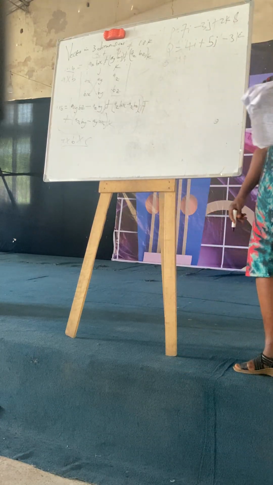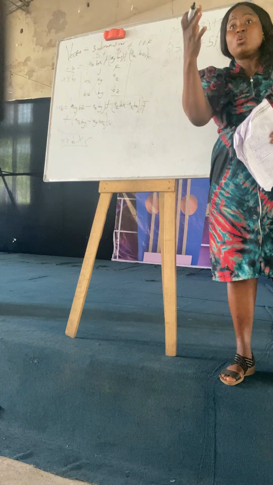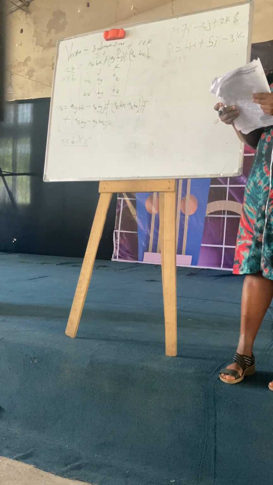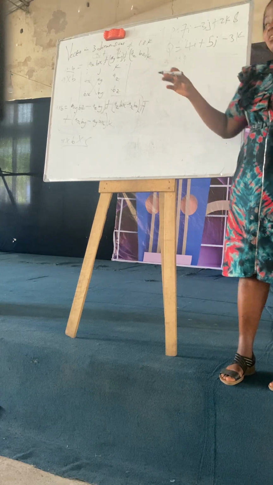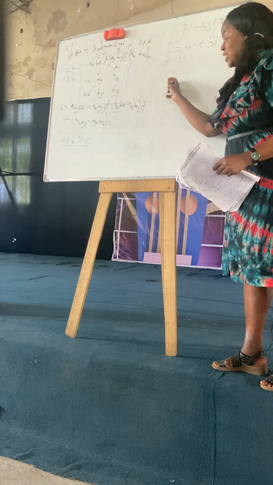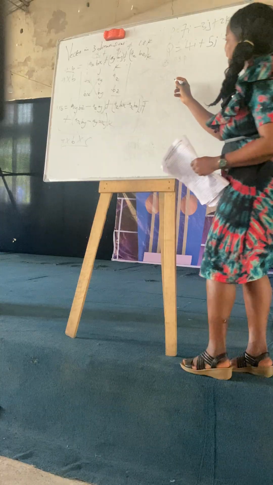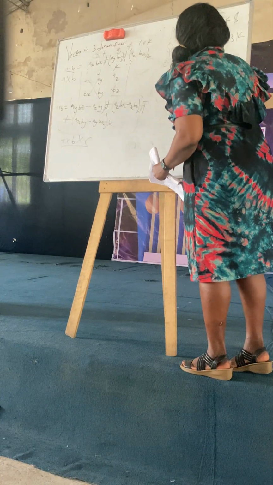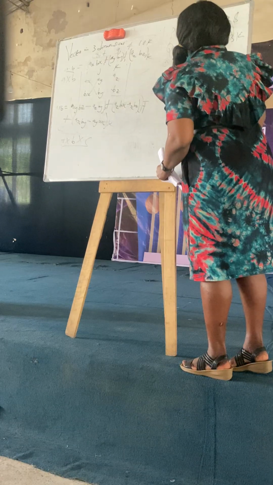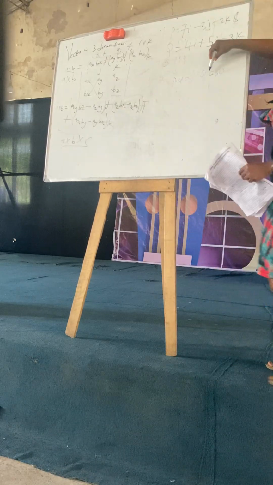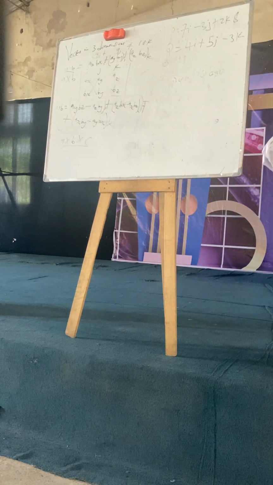The scalar product is also known as the dot product. And lastly, C, the cosine of the angle between them. Remember that P dot Q is equal to the magnitude of P times the magnitude of Q times cosine theta. So you make the cosine the subject of the formula.